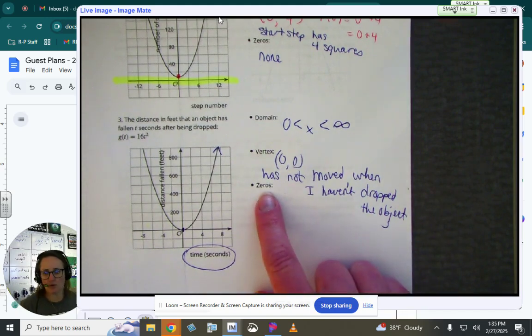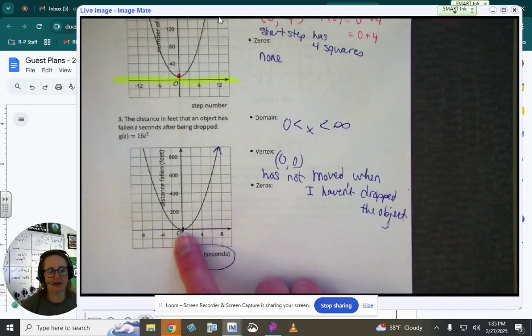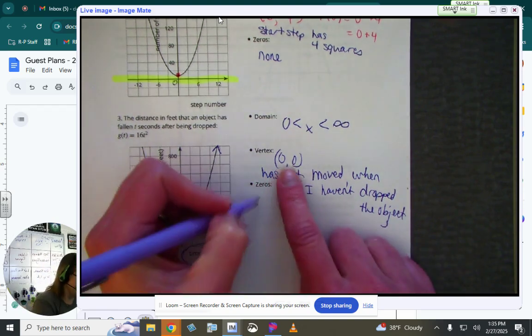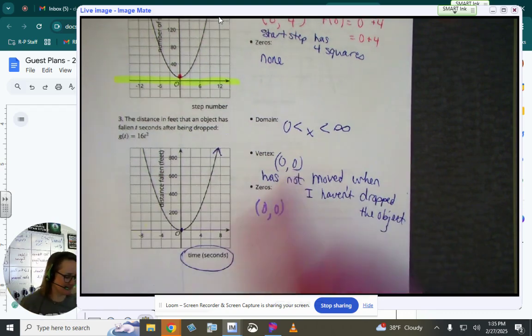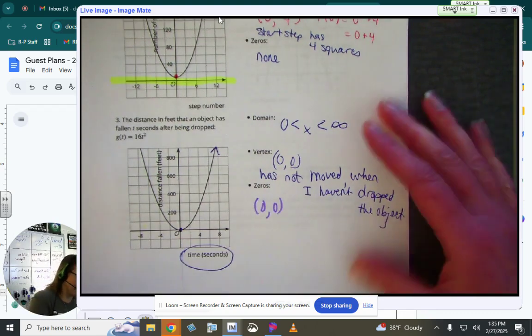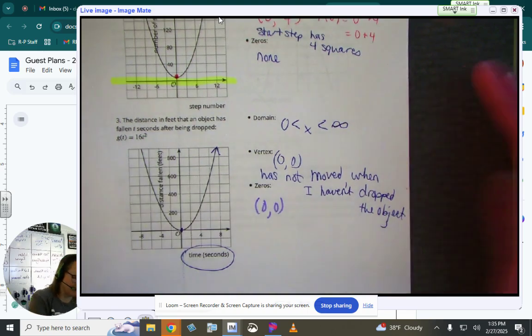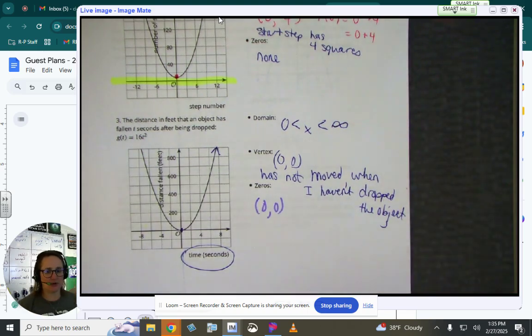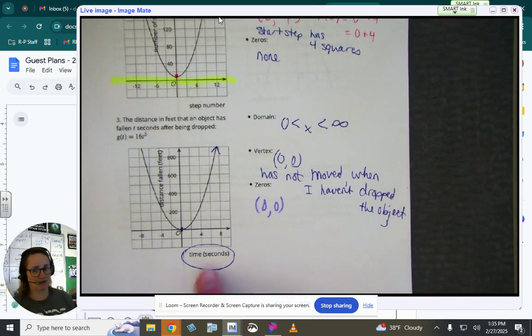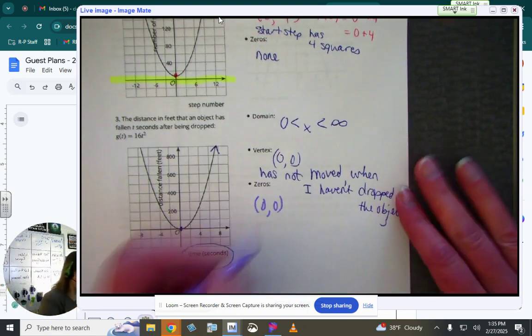And the zero, the time where it's going to hit that x-axis, I keep saying y, when it hits that x-axis, is also 0, 0. That's where it's hitting there. So the only time that it hasn't moved any distance is when I haven't let go of the object. Or if I haven't given it any time to fall, it can't go anywhere.